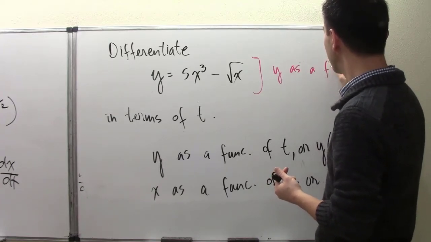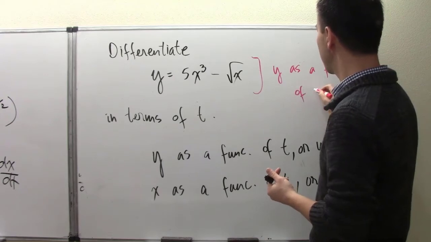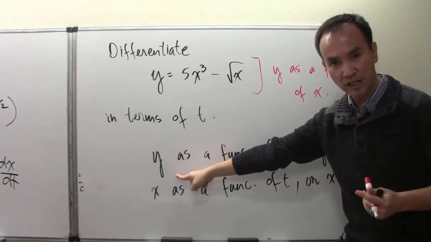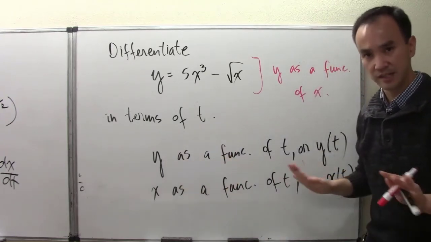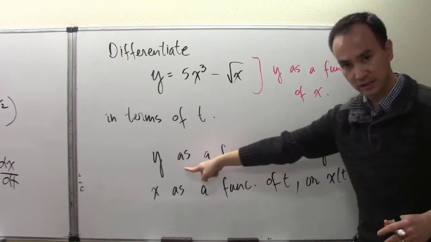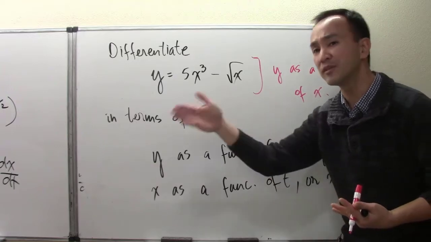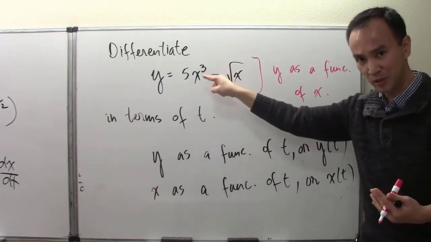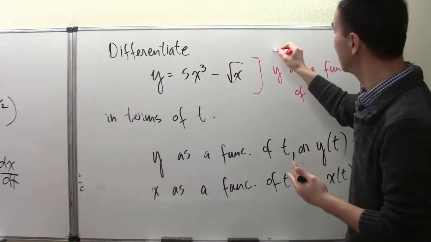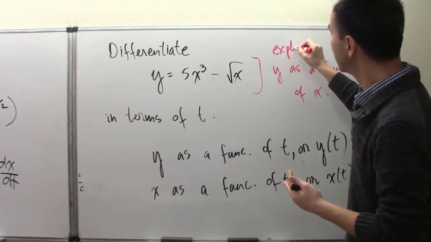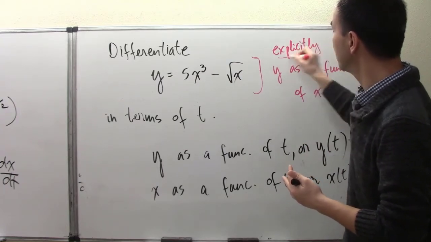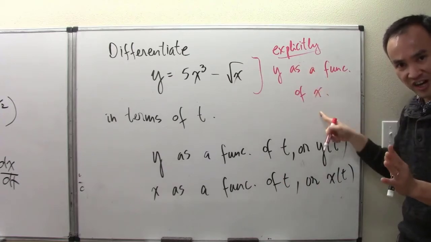You see, we wanted to treat y as a function of t. Yes, we still want that, but doing this, the only choice for us is treating y as a function of t implicitly. But this is explicit right here. Explicitly, y is already written as a function of x.